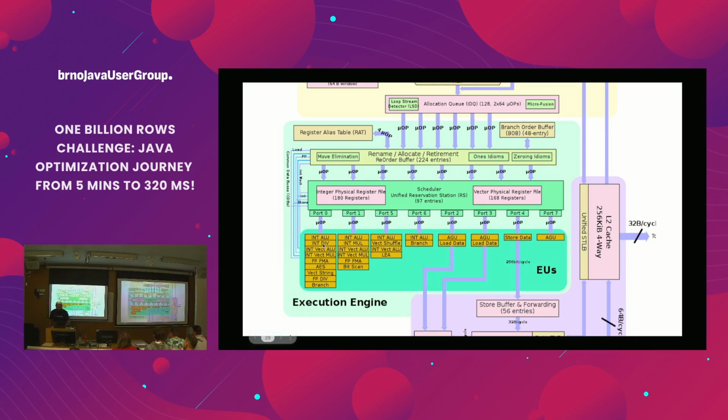Each core, and this is one core, has 1, 2, 3, 4 arithmetical logical units for integers. So it means in each cycle, it can do 4 arithmetical operations. They are super, super fast.